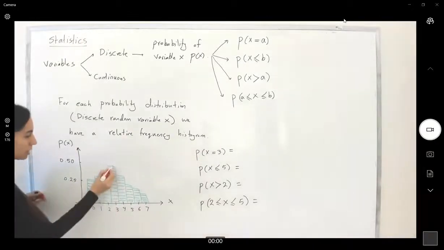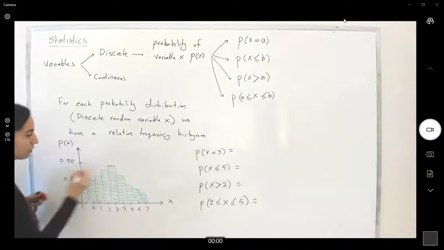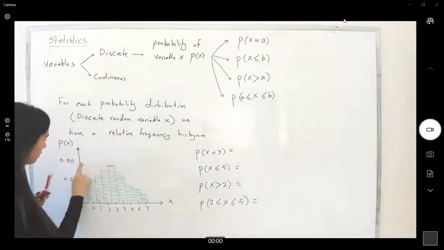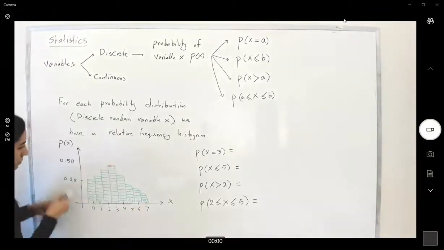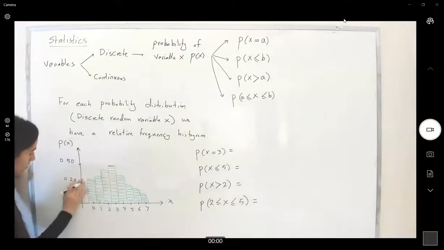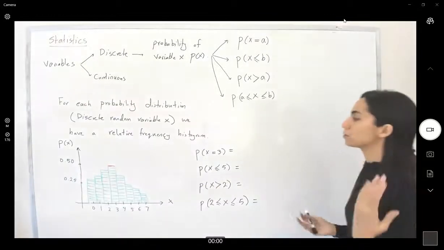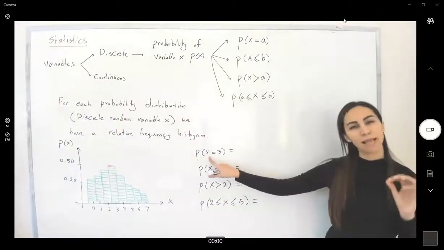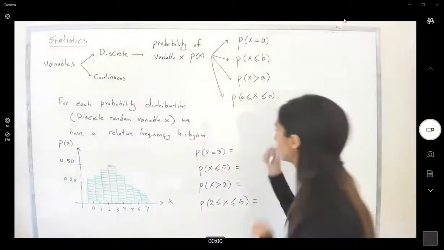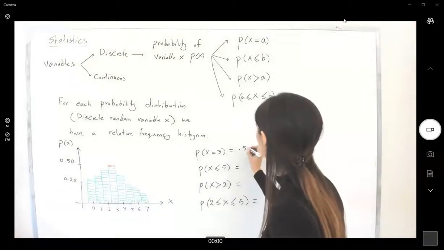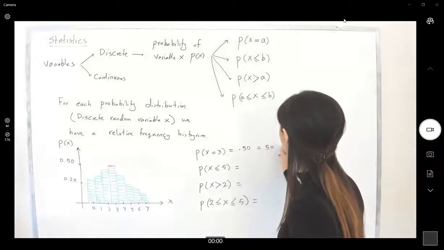Its probability is 50%. Suppose this 50% is just right here. So you say the probability that x be exactly 3 is 0.50 or 50%.